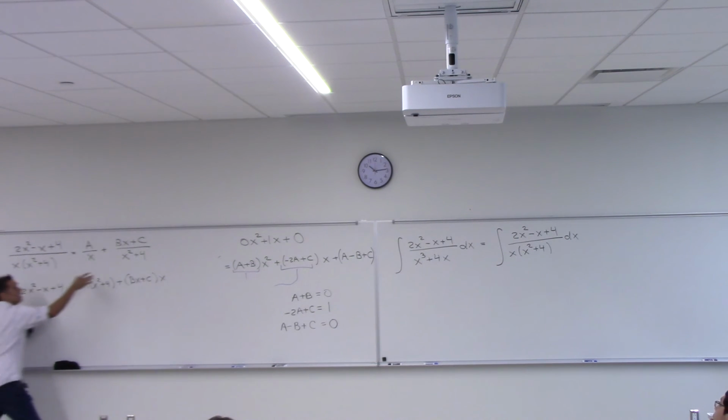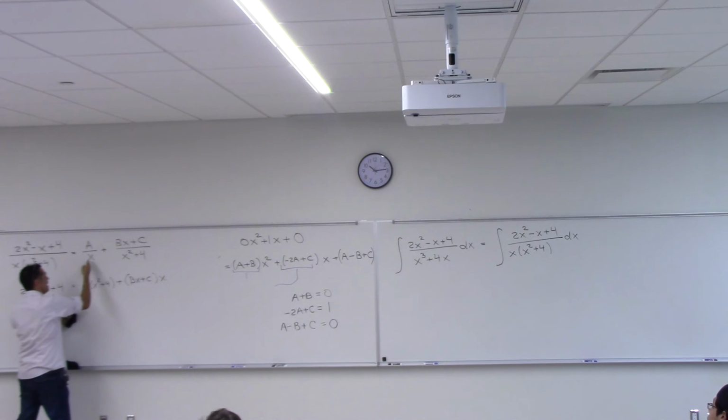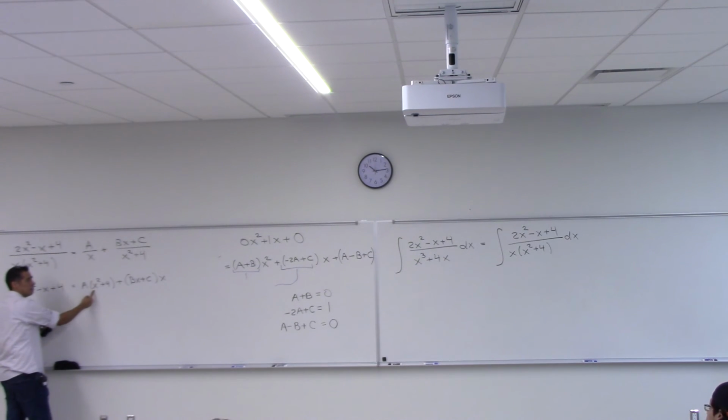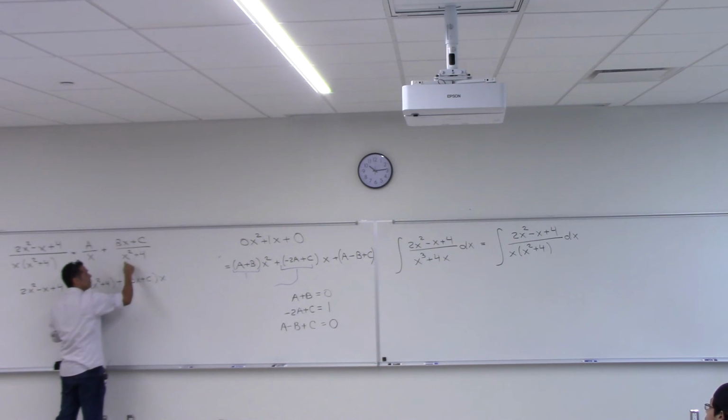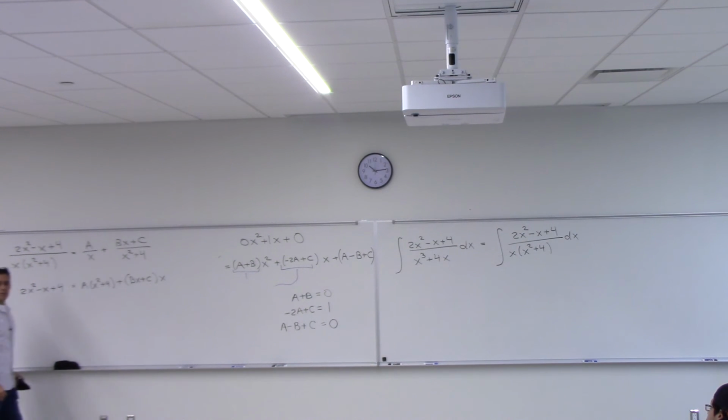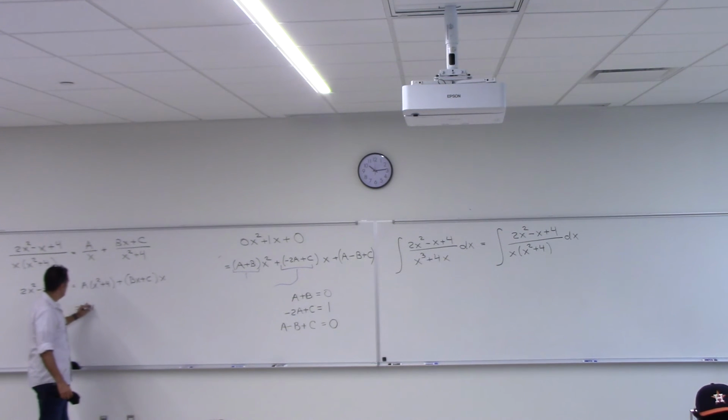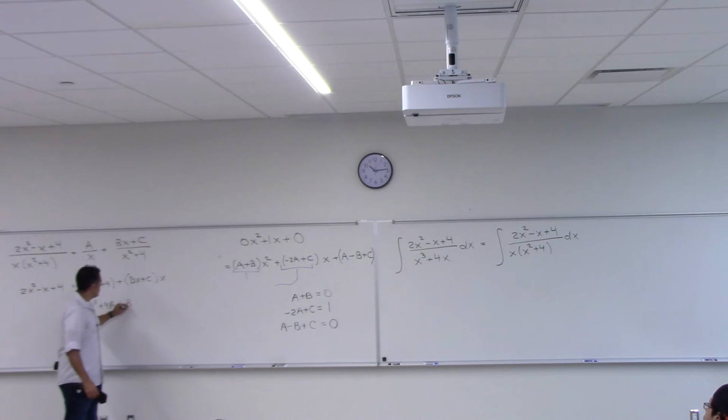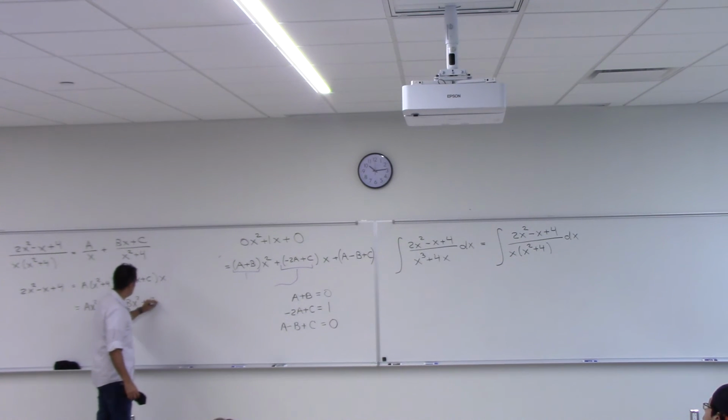When I distribute, the x kills off the first term. On the second term, the x squared plus 4 cancels, but I still have the x, and it has to multiply by both terms. I'm going to go the long way, because this is easy to clean up. This is Ax squared plus 4A plus Bx squared plus Cx.